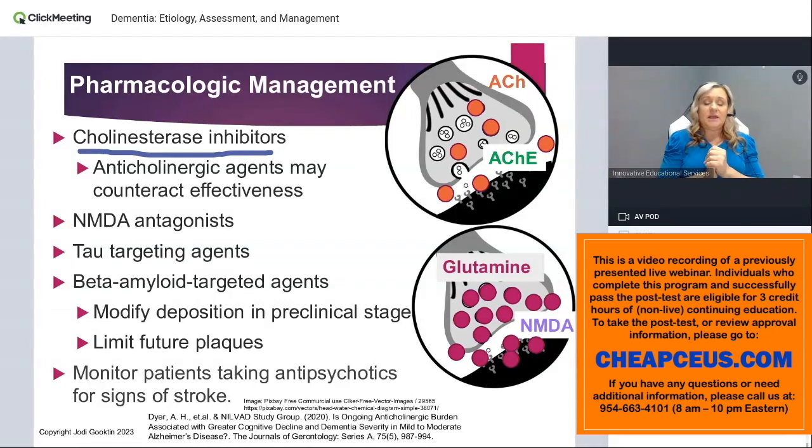So what they're finding is that if they take a cholinesterase inhibitor, if we look up here at the top, we have that acetylcholine trying to go across the membrane. There's already not enough of it present, and acetylcholine esterase is going to break it down as it's coming across. So that inhibitor is going to stop the acetylcholine esterase from breaking it down, so there will be more acetylcholine present.